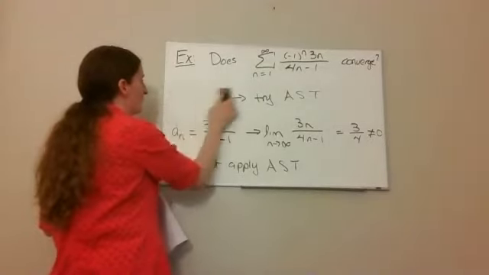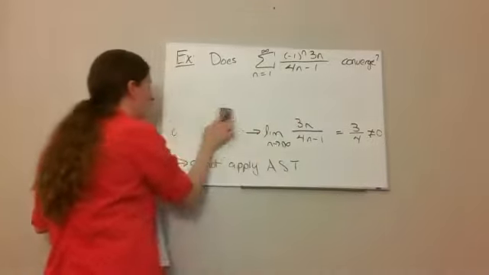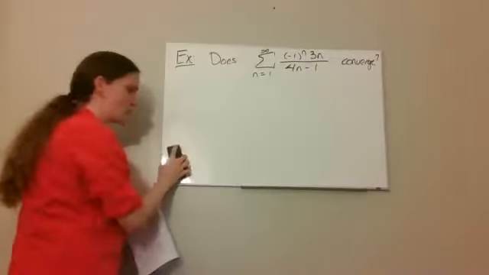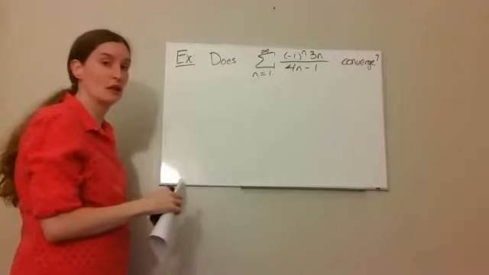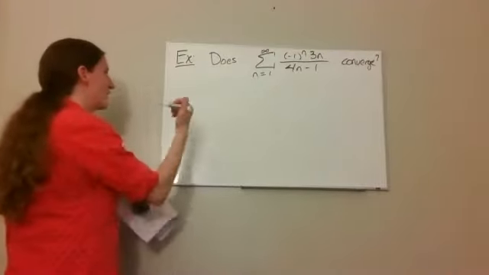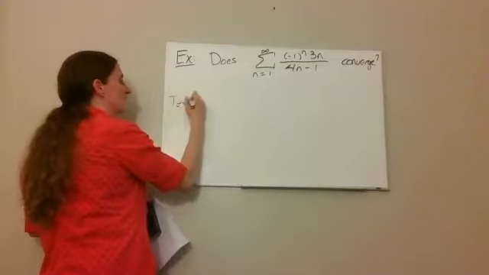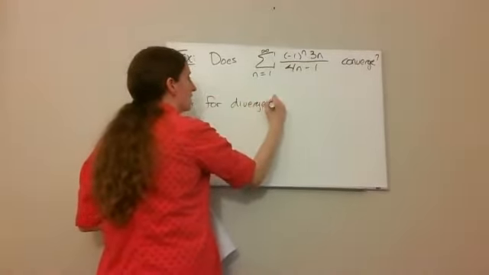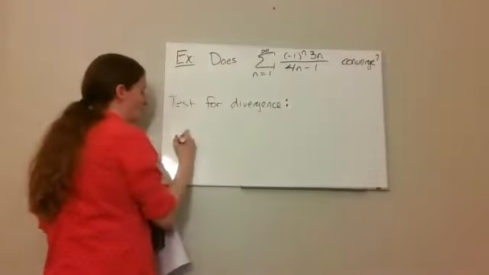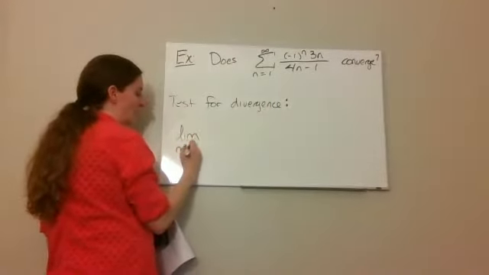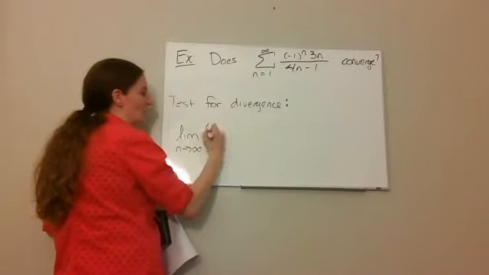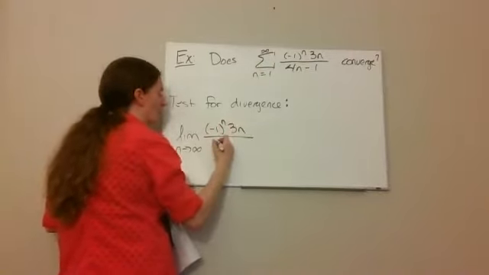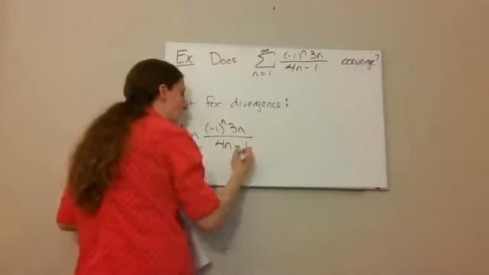Well, something that we can do is go ahead and try the test for divergence that we learned a couple of videos ago. Remember, the test for divergence says that we should look at the limit as n goes to infinity of the entire term of our sequence or our series that we're trying to sum up.